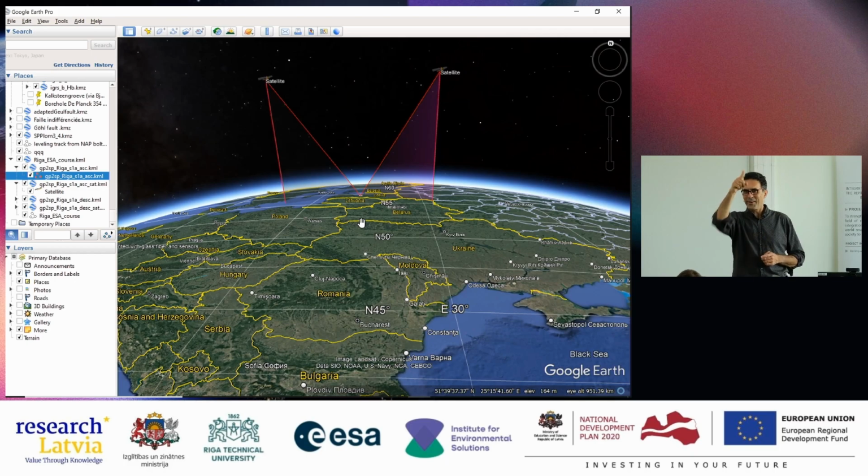North there, right? So the ascending orbit would be looking from the west, from that side. So the incidence angle is quite steep here. 30 degrees, 31 degrees means that for an urban area, you're really looking in between the buildings.